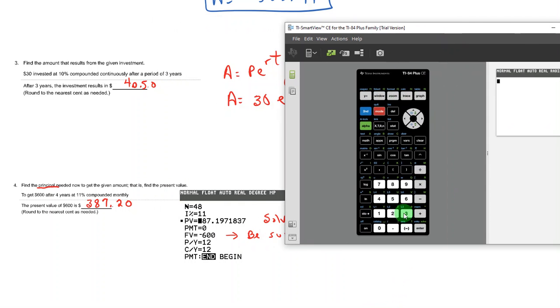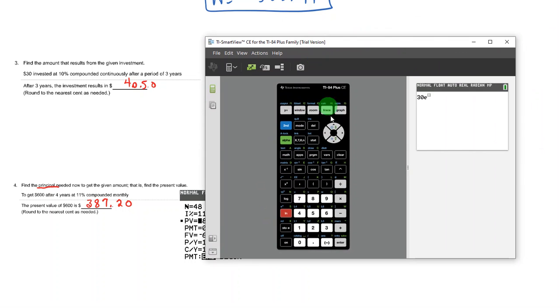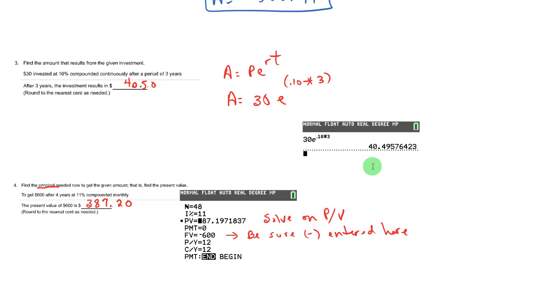You want to do 30, and you need the e, remember that's second and LN, and you got the e. And what are we putting in? 0.10 times 3. Since it's all up there, you can just do that at one time. And you get 40.49495. So we're going to round it to money. It'll be 40.50.